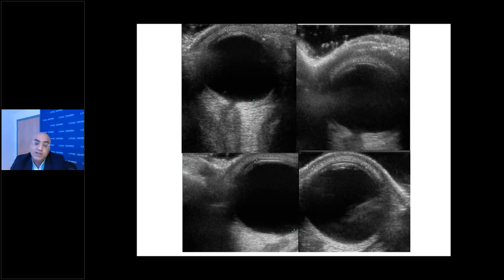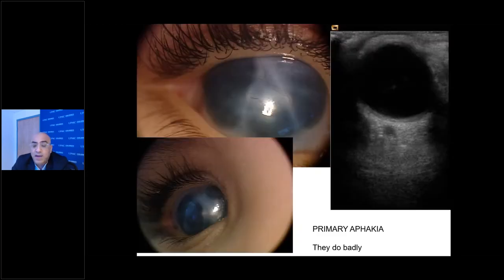And failing because the jelly inside the eye, the vitreous, is abnormal, and it tends to cause the eye to shrink. The problem, however, is that if you do nothing, they tend to get glaucoma and can get spontaneous perforations as they get older.